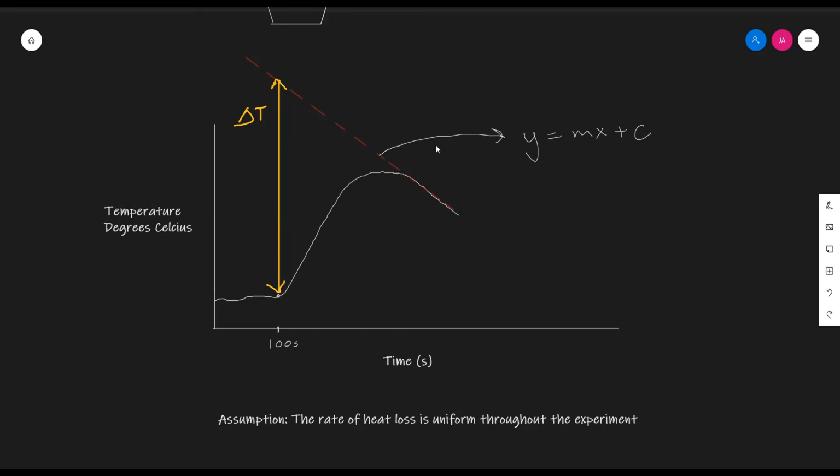It's normally determined using the equation of the straight extrapolated line, which would be given in the question. Thus, let's say the mixtures were mixed together at 100 seconds, and I want to determine the temperature at this point on this extrapolated line. I would substitute 100 seconds as x, and the slope and the y-intercept would be given, and thus the final temperature with no heat loss can be determined.